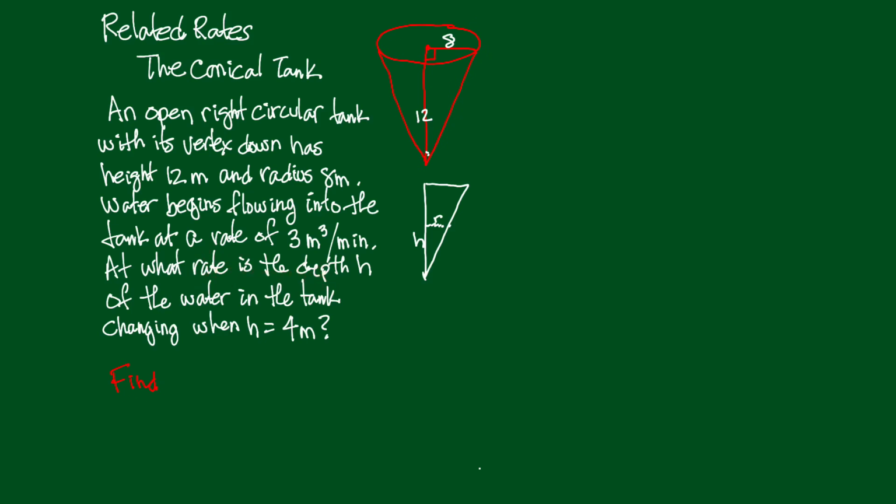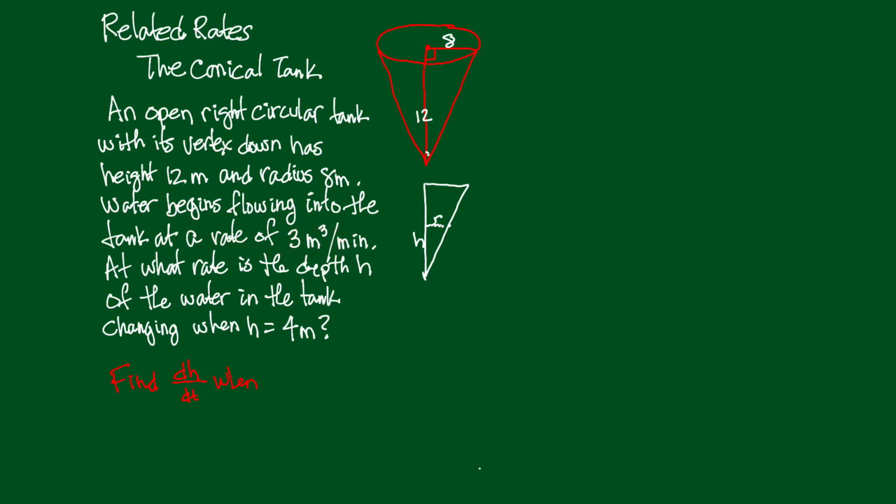So what I want to find here is the rate of change of the height with respect to t. So find dH/dt when H is 4. And then what do I know? I know that the water is coming in at the rate of, what does it say up here? At the rate of 3 cubic meters per minute.